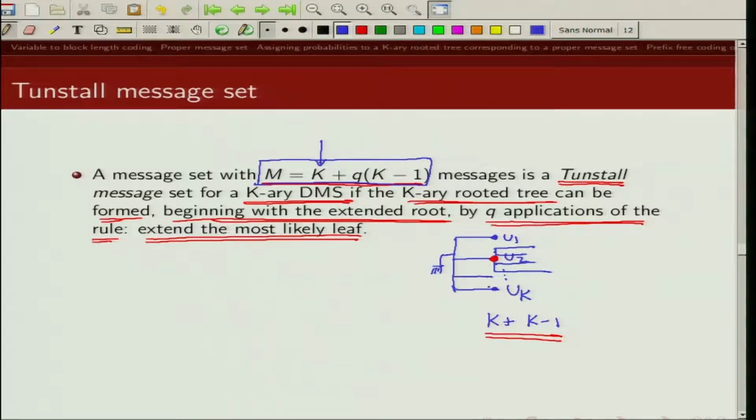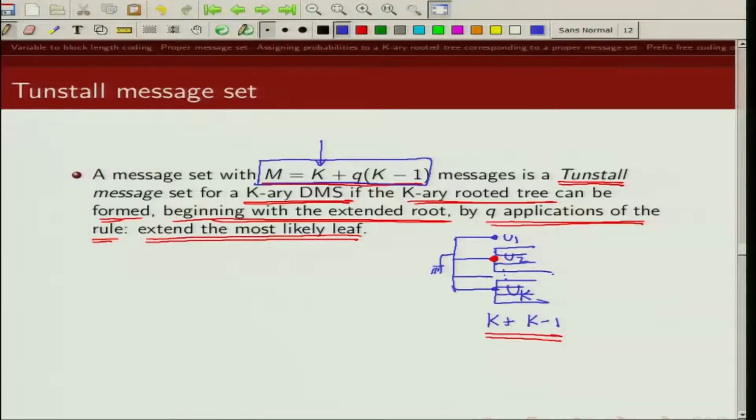Now again, if I extend any node, I will again be creating k new leaves, but one leaf which was earlier a leaf is now a node. So each time, except the first time when I extend from the root, I am adding k minus 1 leaves. So if I try to design a proper message set, remember a proper message set will use all its leaves.